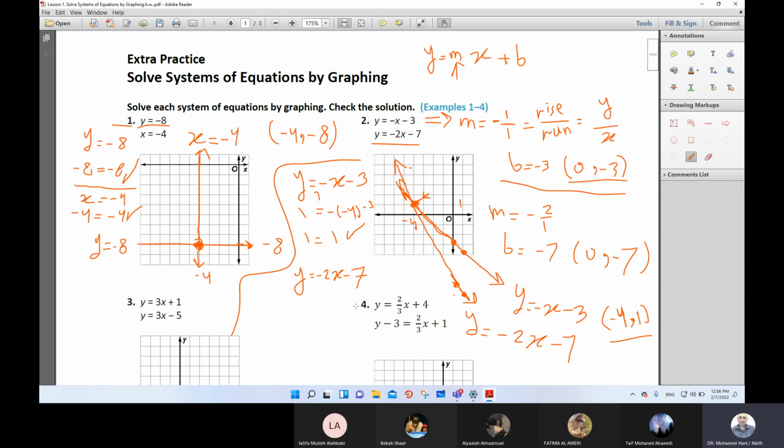The value of x will be -4 and the value of y will be 1. Is 1 equal to -2 multiplied by -4, minus 7? So is it 1 equal to -2 times -4 will be 8, 8 minus 7? Yes, 8 minus 7 equals 1. So 1 equals 1. So this is a true equation, which means this is a true solution.